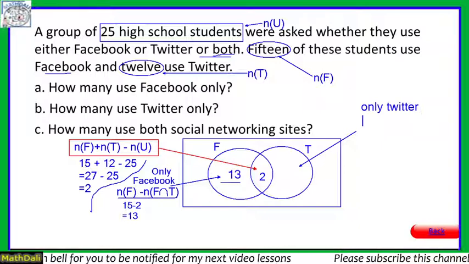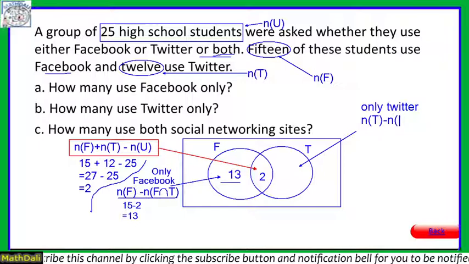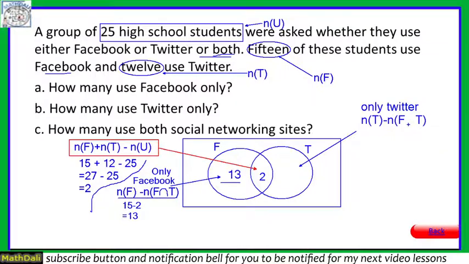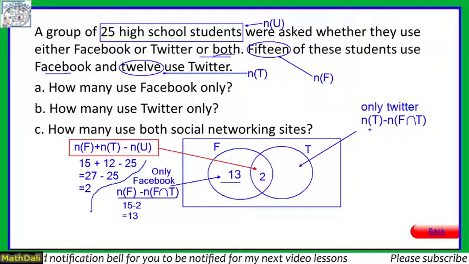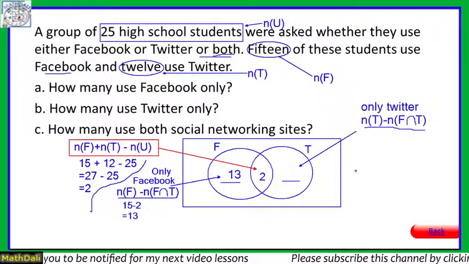So, yung formula natin dito, gamit yung set operation, yung ating cardinal number ni Twitter, total number na gumagamit ng Twitter, minus the intersection gumagamit ng Facebook at the same time gumagamit din ng Twitter. Kasi kinukuha natin dito yung Twitter only. So, yan yung ilalagay natin dito sa region na to.